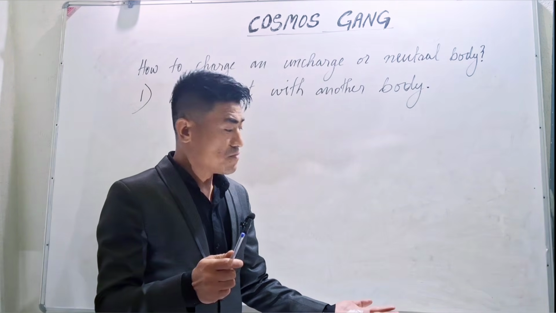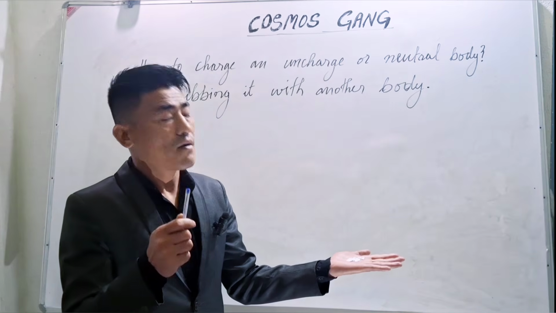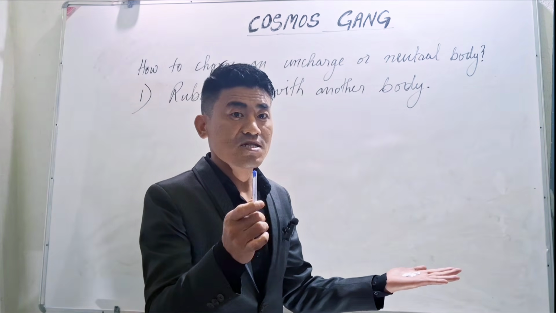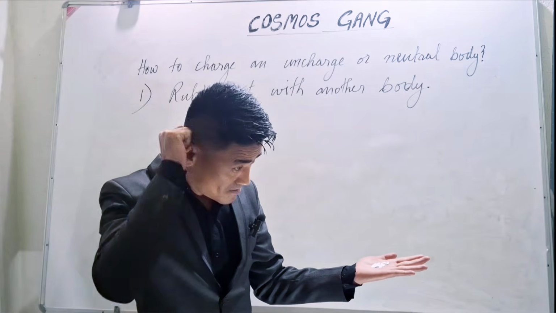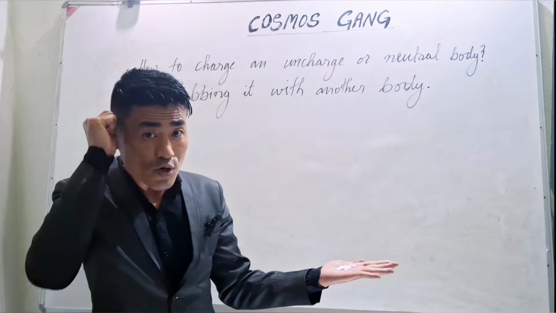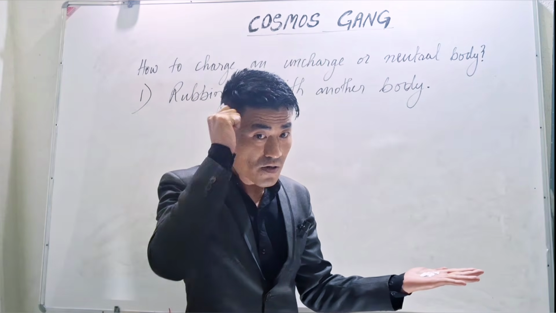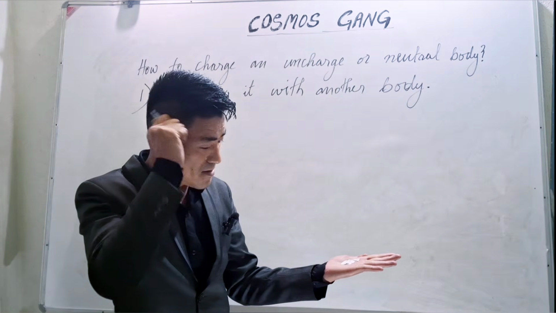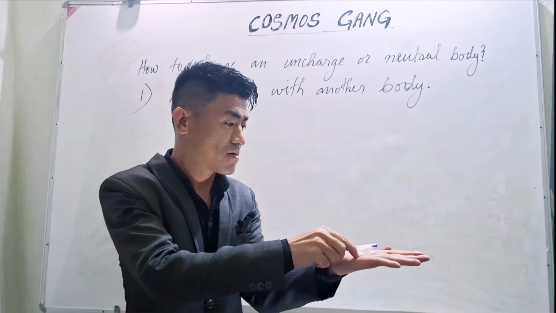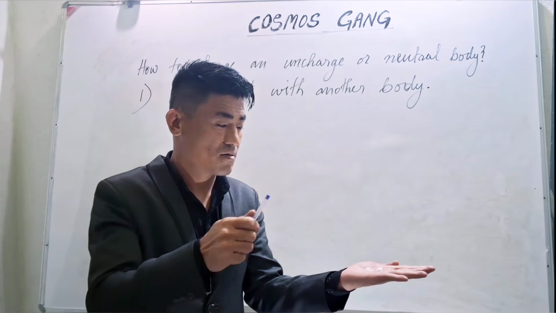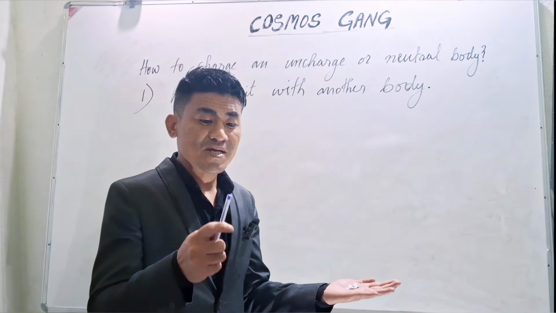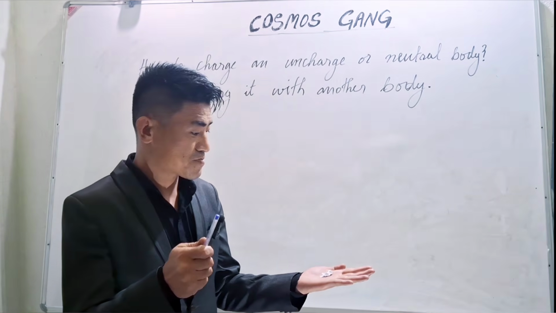So I'll try to charge my pen by rubbing it with my hair. Now let me see whether it gets charged or not. You see that the paper is being attracted by the pen.